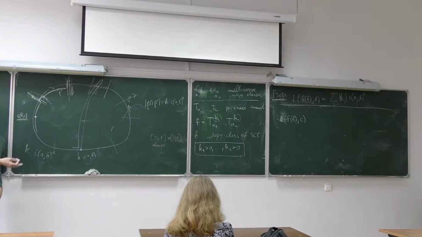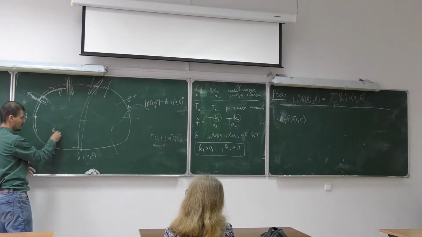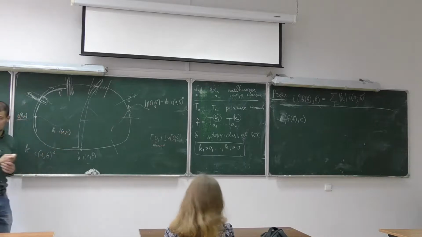We have the same number of intersections with beta primes, but now every such arc from here to here intersects gamma, but how many times? K times I of AC.